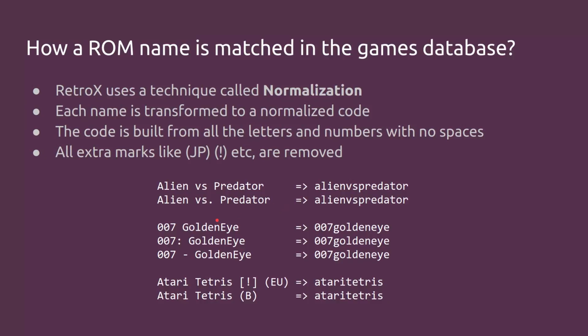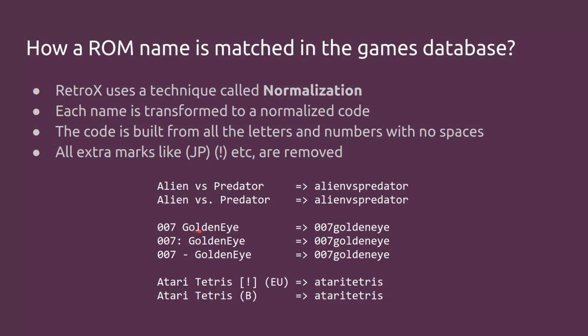This is another example with the game GoldenEye that you can find written in different types depending on the collection of the games. In this case, these three versions of the game will end as one code because this colon and this dash will be removed.